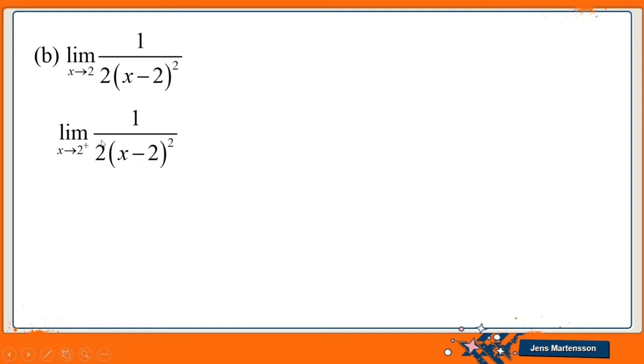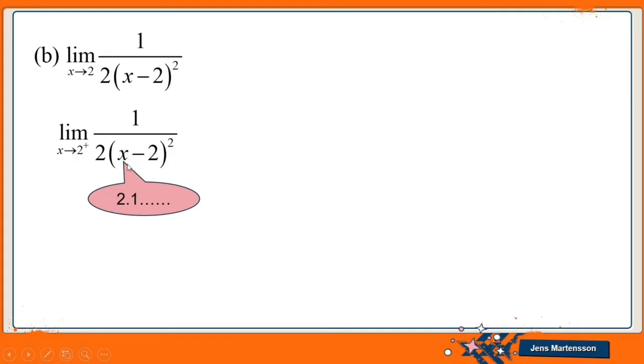Okay, we find the limit of 1 over 2 times (x minus 2) squared when x approaches 2 from the right. We substitute a value very close to 2, 2.1.